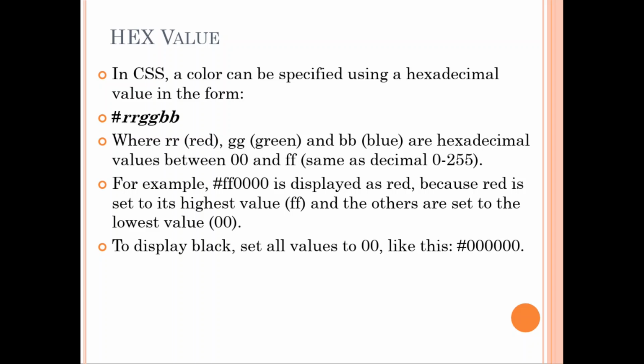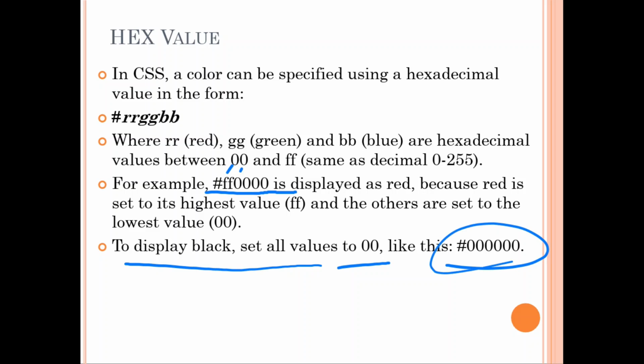As an example, FF0000 displays red color because red is set to high and all others are 0. To display black color, we will set all the values to 0 like this.